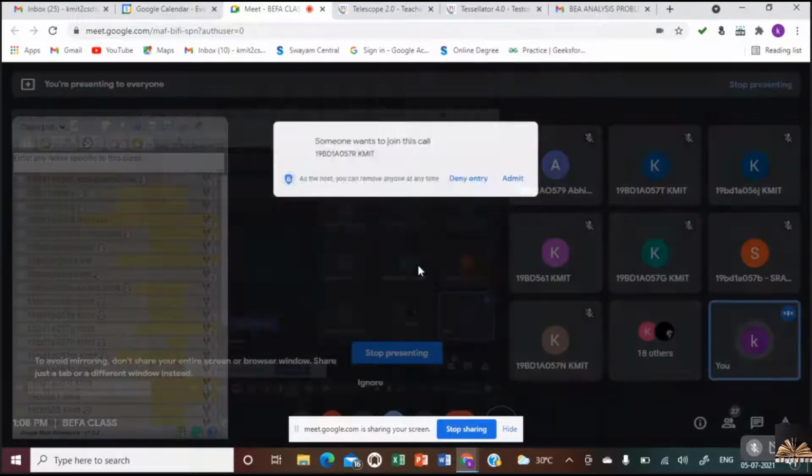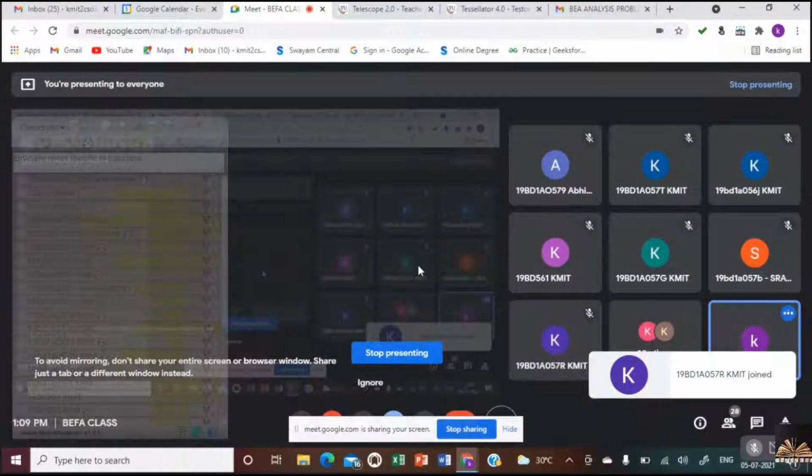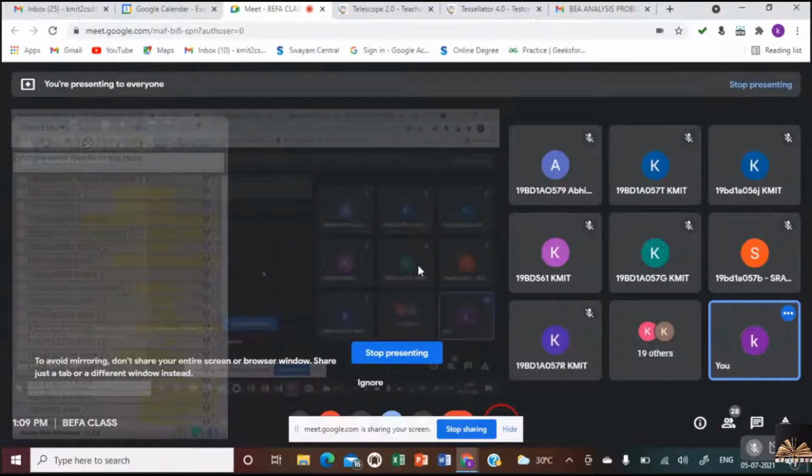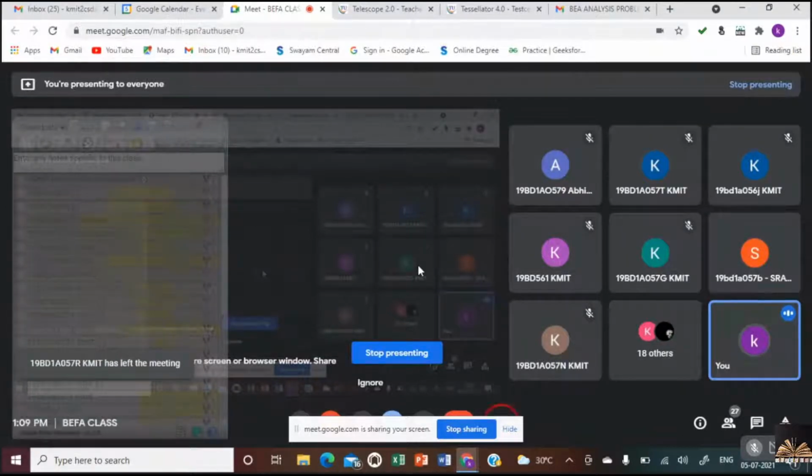How many units of sales should be done to achieve a targeted profit? The formula is fixed cost plus targeted profit by contribution margin. Fixed cost will be given, targeted profit would be given. What you need to calculate? Only the contribution margin. What is the formula for contribution margin?